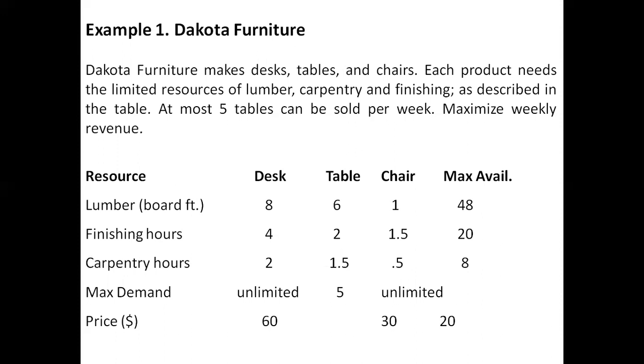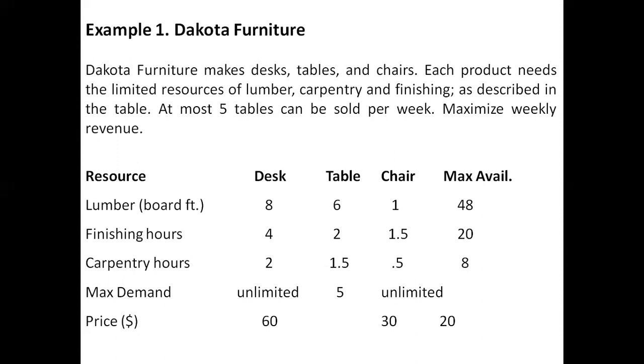Maximize the weekly revenue. Here it is clearly specified that, as per the given data, on average 5 tables will be sold per week, and we must maximize the weekly revenue. Here, the constraints need to be taken as a priority.